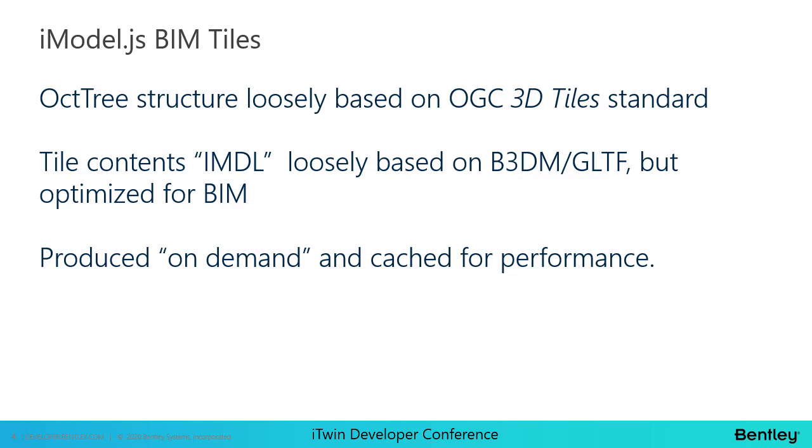And these tiles are produced on demand by the iModel.js backend and cached for performance, which means you may experience a slight lag when you first enter an area of an iModel, but the next time you go back to that area, the tiles will be delivered from the cache and more performant.